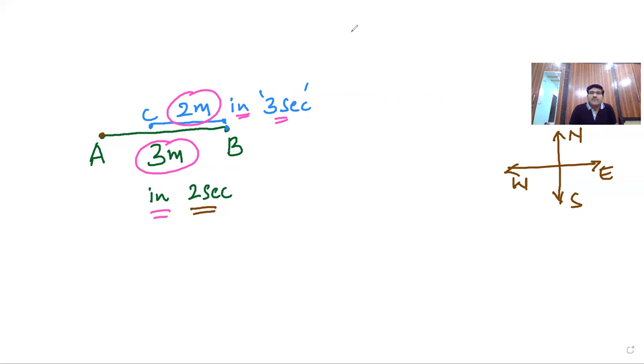Clear? Now, let us take up the first one, average speed. What is the formula for average speed?